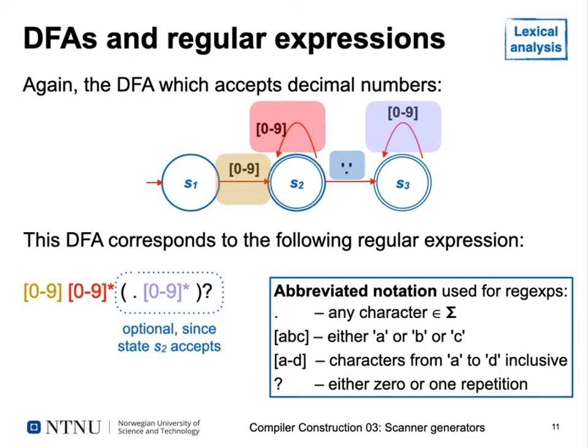Let's take a closer look again at the DFA which accepts decimal numbers. We start with an initial state S1, and then we read a character which has to be one of the digits 0 to 9. This is equivalent to writing a simple partial regular expression which says I want to accept any of the characters 0 to 9, which we write in a shorthand form with square brackets: the first character in this sequence, then the dash, and the last character in this sequence.